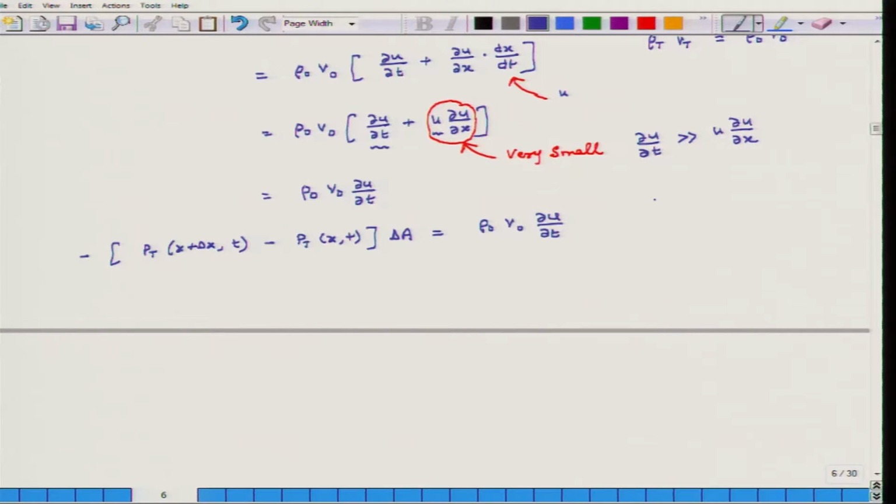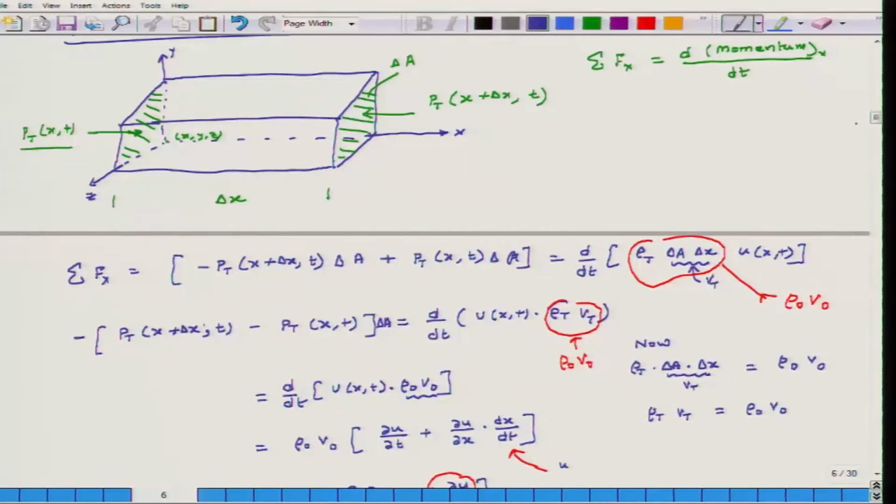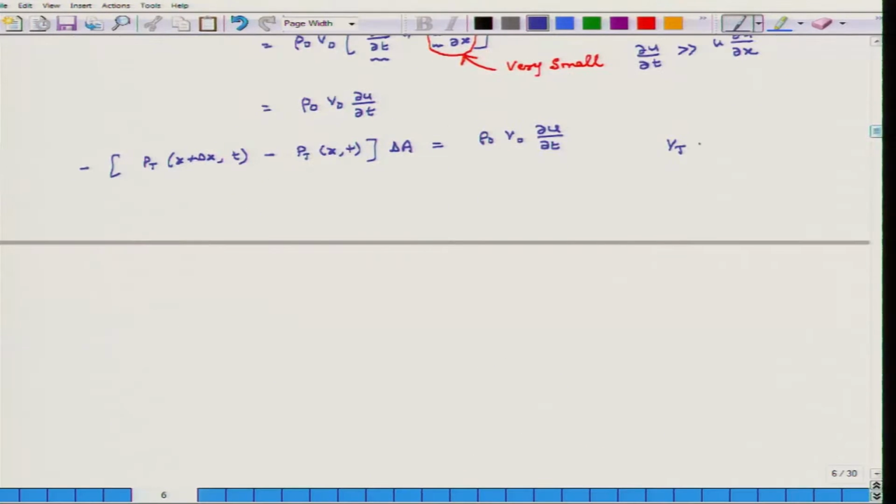Now, we know that V t, the volume of this fluid element, is delta A times delta x, or delta A is equal to V t over delta x.